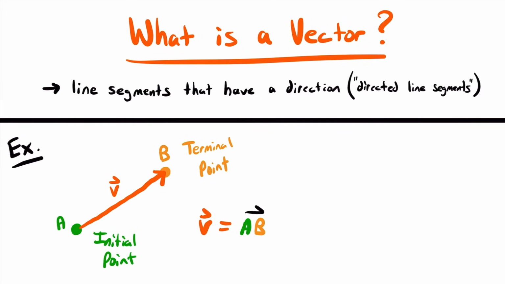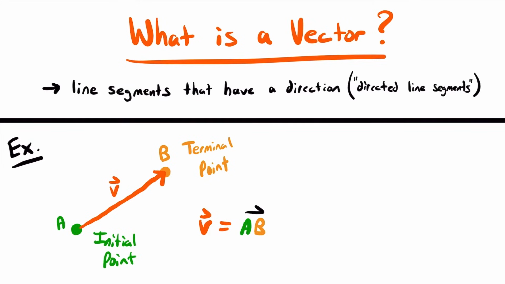Okay, and so vectors like vector V right here represent vector quantities. They have both a magnitude and a direction. Practically, the magnitude part of that vector quantity is going to be the length of our vector. So vector V here has a magnitude and a direction, where the magnitude is the length of the vector, and the direction could be described by either the slope of this line segment or the angle from an axis.